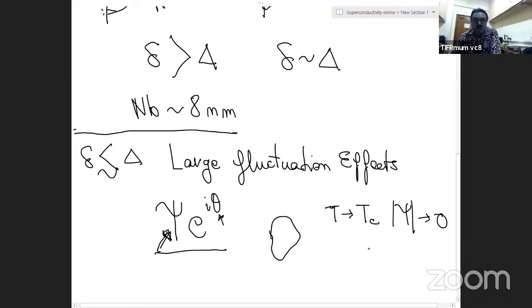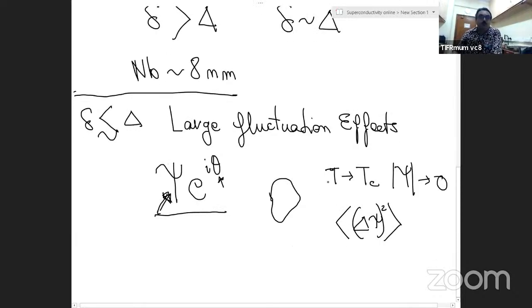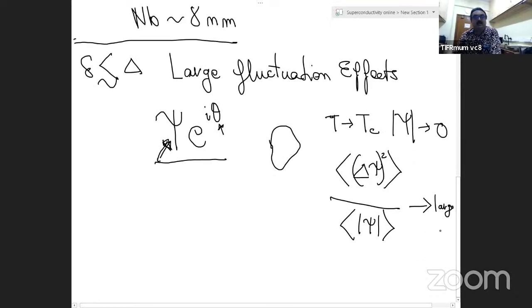So now all that will remain is the root mean square fluctuation in this quantity. As you are going towards Tc, this quantity will become large. And in fact, at Tc, this quantity will diverge.